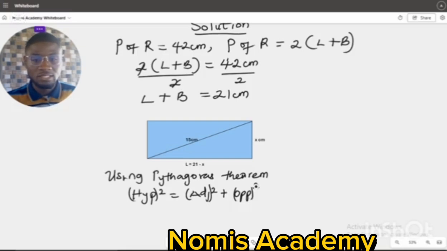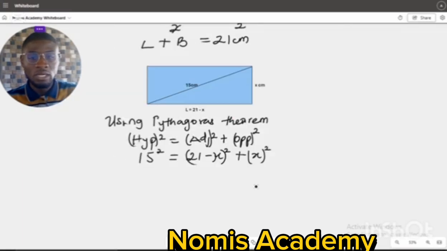So looking at this right angle triangle that we have here and the dimensions, we can tell that the hypotenuse squared is 15 squared, right? 15 squared is equal to, what about the adjacent? The adjacent is L, that is L equals 21 minus x. So we just need the 21 minus x, remember, all squared, plus the opposite, which is x. So x all squared. I want to see how we are going.